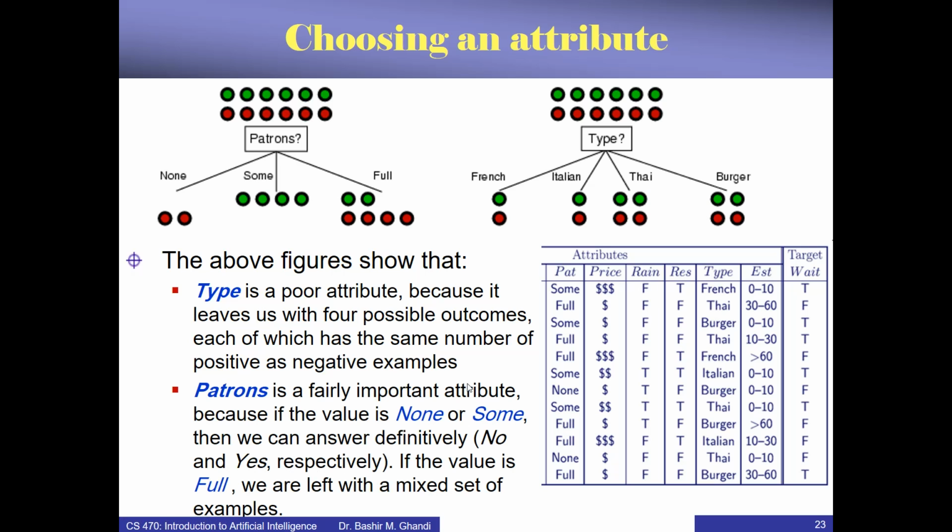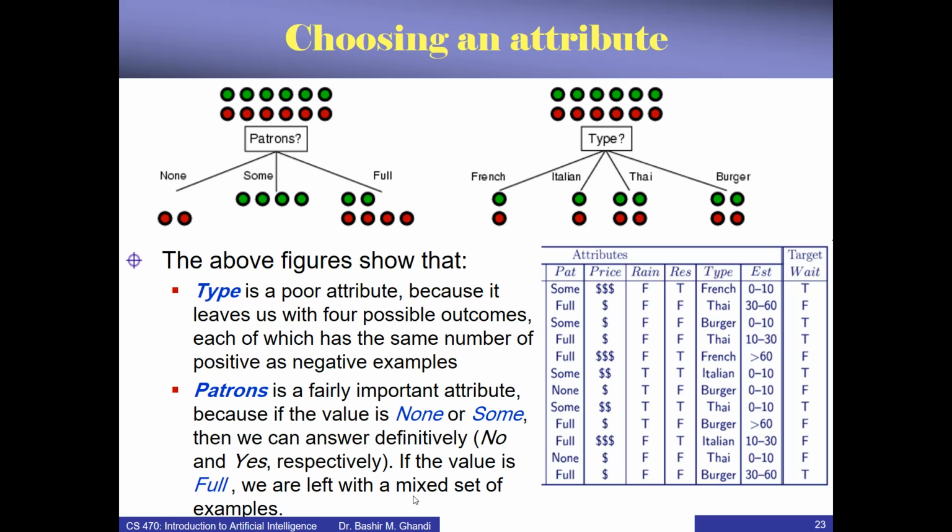On the other hand, patrons is a fairly important attribute, because if the value is none or some, then we can answer definitely no and yes respectively. If the value is full, we are left with a mixed set of examples, and then we can apply another attribute to do the splitting.